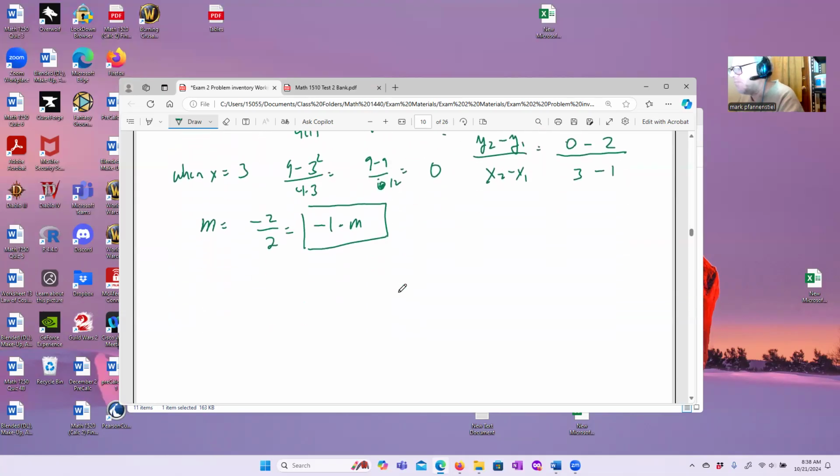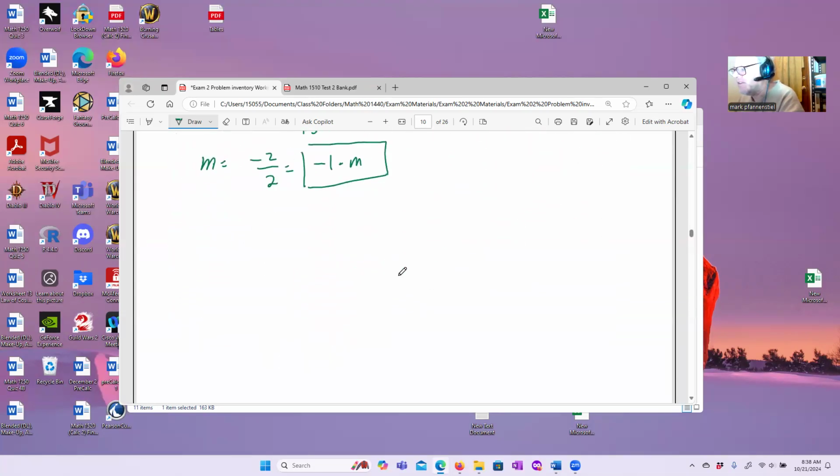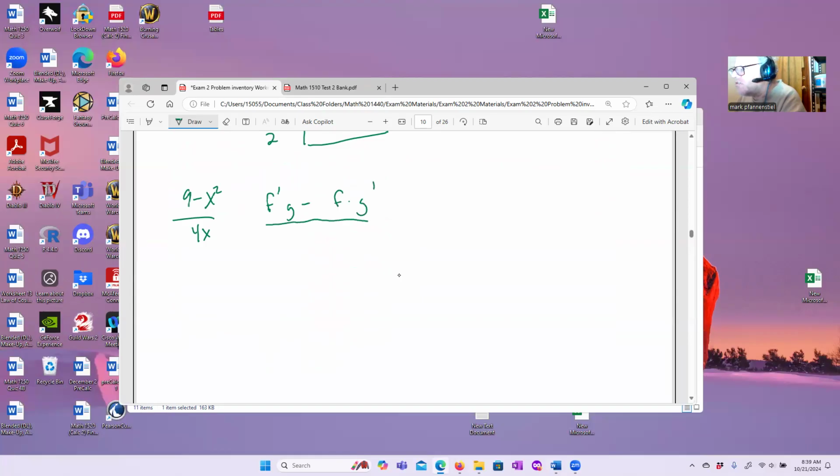What's the derivative equal? So let's write down 9 minus x squared over 4x. We have to find the derivative. Oh, it's a quotient. So it's going to be the derivative of the first times the second, minus the first times the derivative of the second, all over the second squared.